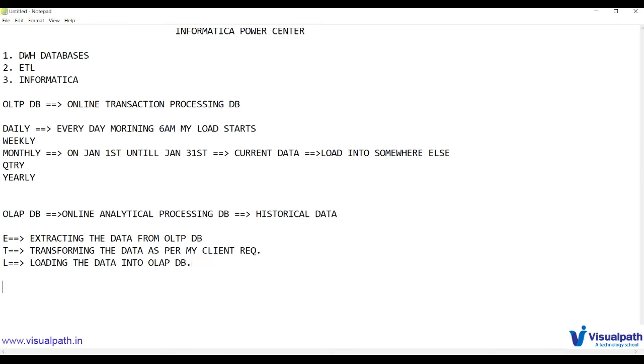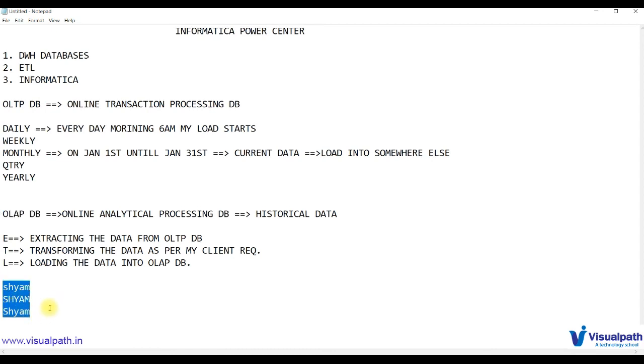Suppose I wrote in small letters like Sham. Similarly, I can also write in capital letters, or with an initial capital letter. So this is lowercase, uppercase, and initial capital. When you have these different formats in my OLTP database, while pushing it to my OLAP I should not have so many formats.